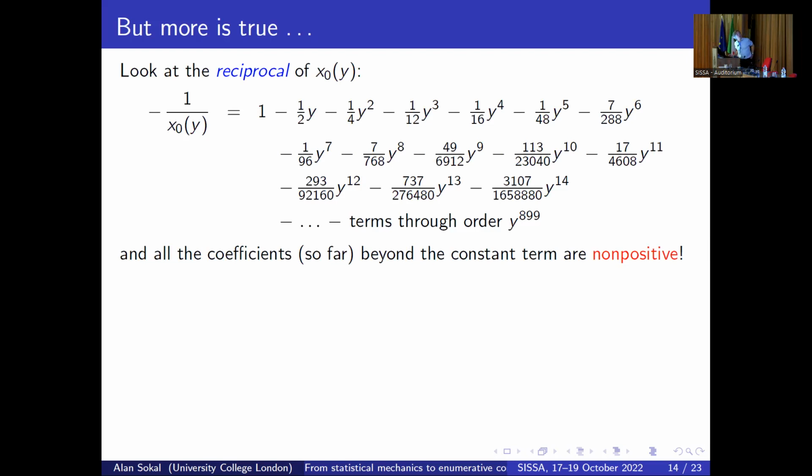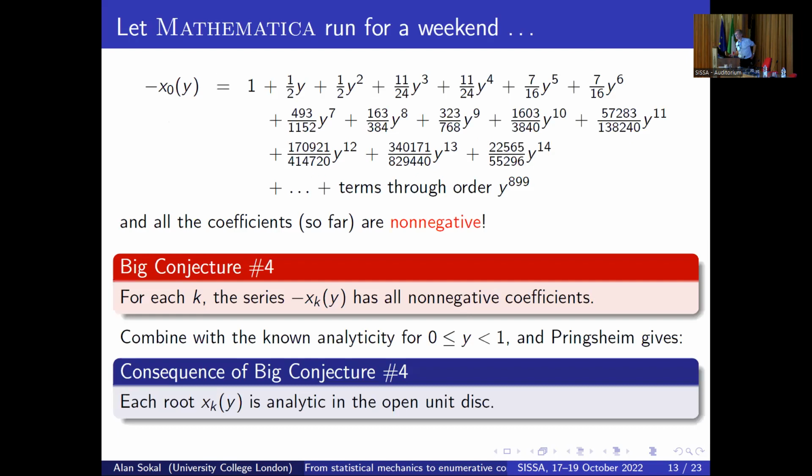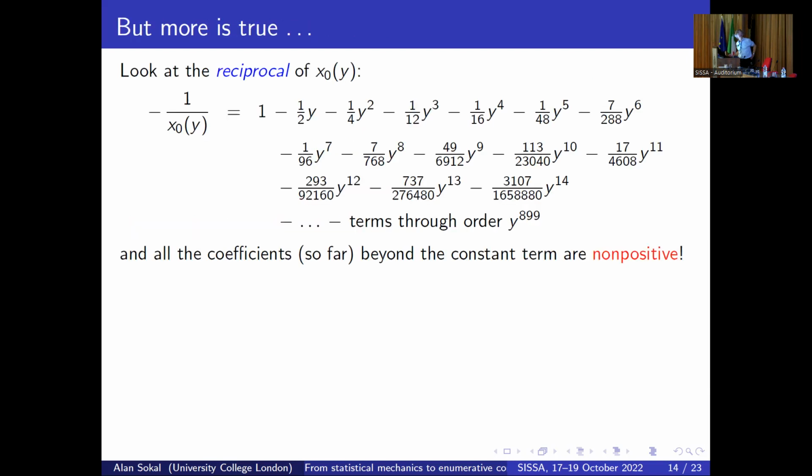The reciprocal, 1 minus blah. Do you notice something about that series? Well, one thing you notice is these rational numbers look a little bit simpler than those, which might be telling us something. But I think the other thing to notice is all of the coefficients after the constant term 1 are negative.